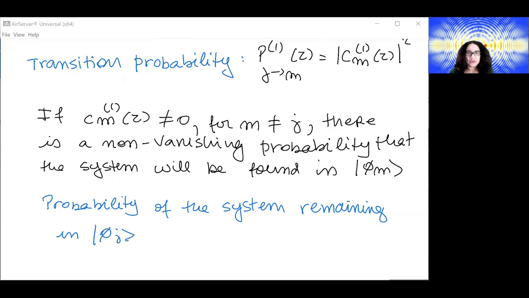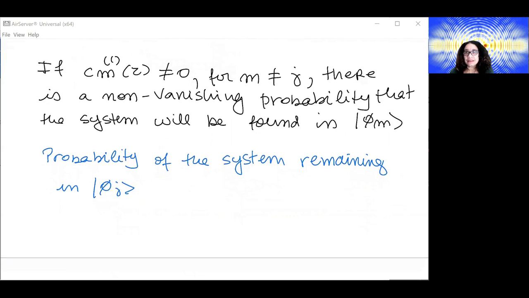Okay, in this case, you have to consider the zeroth order probability. To zeroth order, you had something like 1 plus c_j to the power 1, which is the coefficient, all squared. Now remember that you can say, but this is bigger than 1. No, this could be negative.